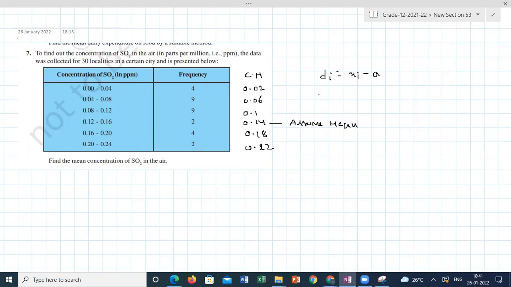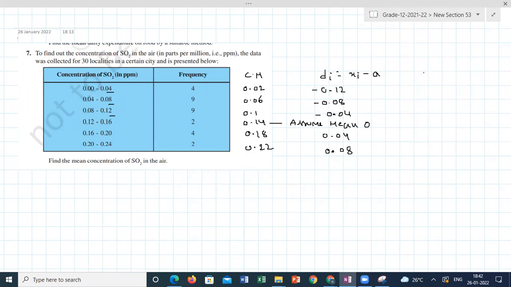So 0.02 minus 0.14, I will get minus 0.12. Then 0.06 minus 0.14 is minus 0.08, then minus 0.04, 0, 0.04, 0.08. The difference is 0.04, so you have to decrease by 0.04 each time because the interval is increased by 0.04.